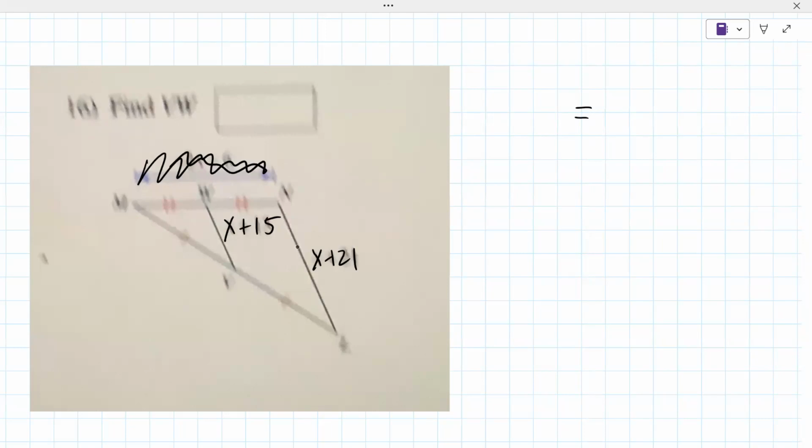The X plus 21 is on the left, and the X plus 15 is times 2.